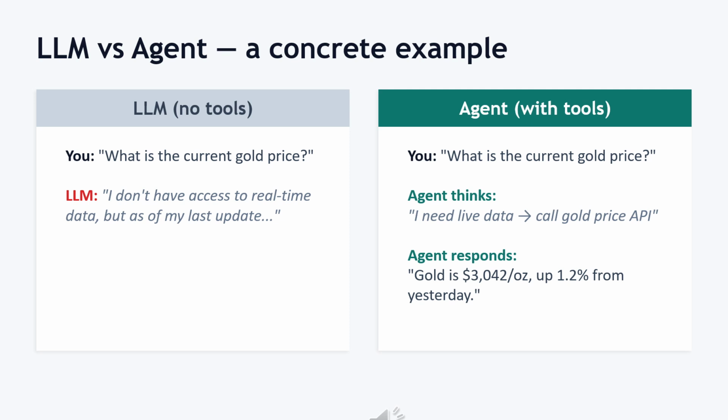The agent did something the raw LLM could not. It recognized a gap in its knowledge, chose the right tool, used it, and incorporated the result into a useful answer. This is a simple example, but it's the foundation of everything we'll build in this series.